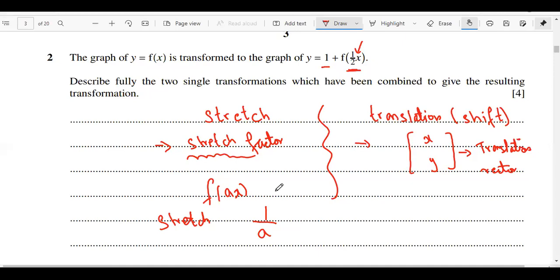It would be 1 by half. Okay, we are multiplying half with x, we were multiplying a with x, and we are dividing 1 by a. So it would be 1 over 1 by 2. That would be 2. Okay, so the answer would be, I am writing down the answer here.